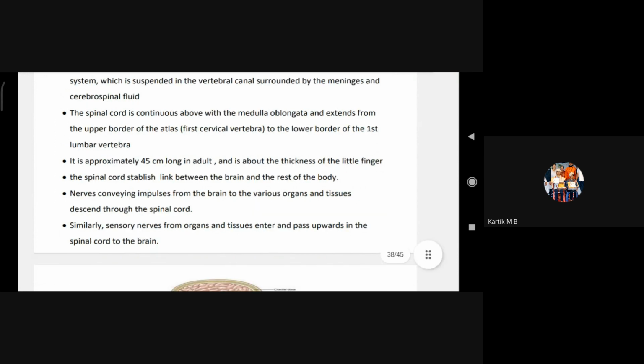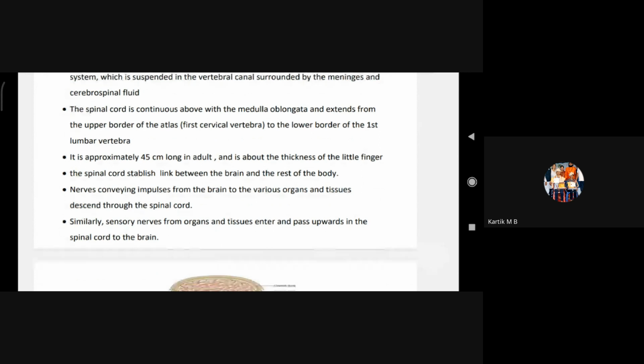The spinal cord is continuous above with the medulla oblongata and extends from the upper border of the atlas, the first cervical vertebra, to the lower border of the first lumbar vertebra.